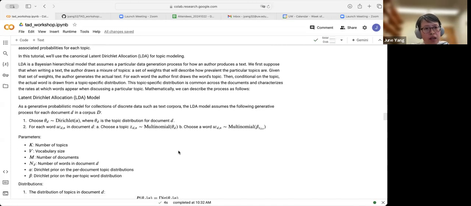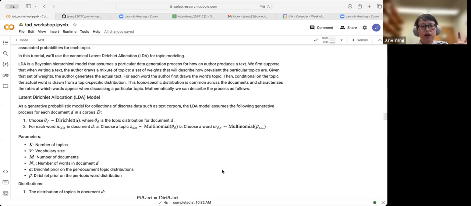LDA is a Bayesian hierarchical model, right? So it assumes a particular data generation process for how an author produces a text. We first suppose that when writing a text, the author draws a mixture of topics, which is essentially a set of weights that describe how prevalent particular topics are. And given that set of weights, the author generates the actual text.